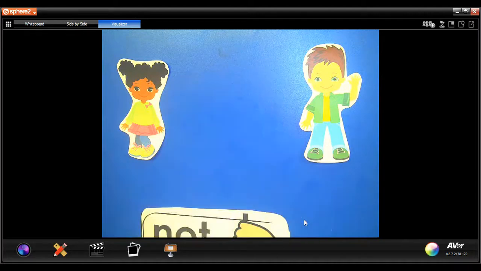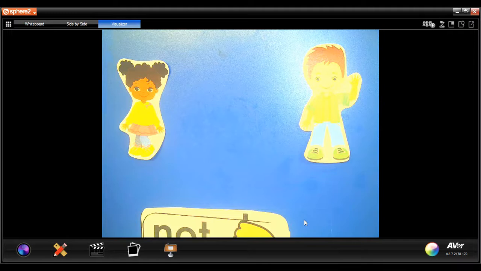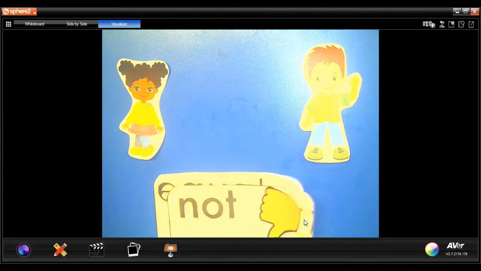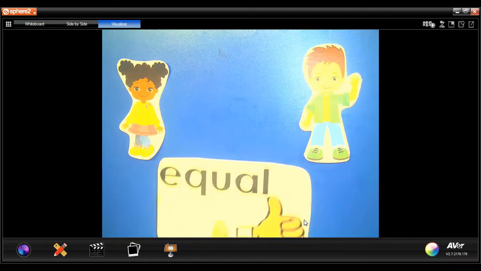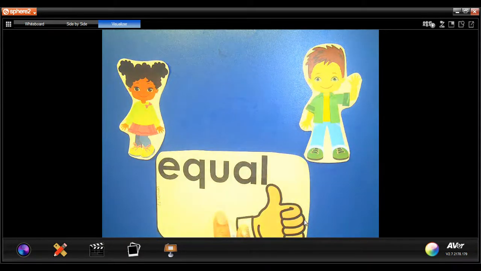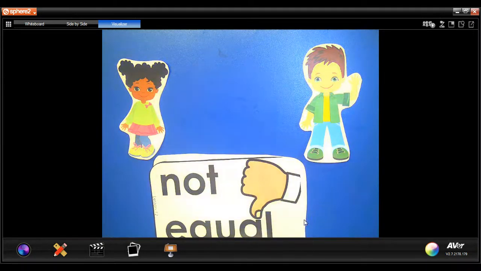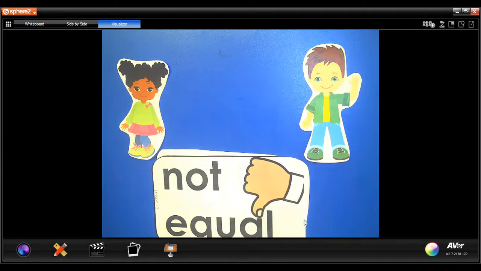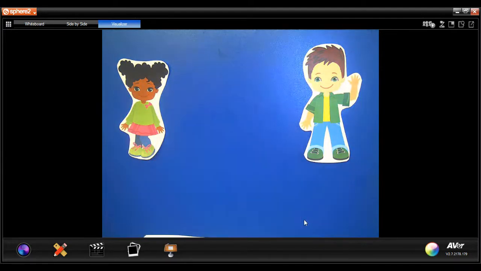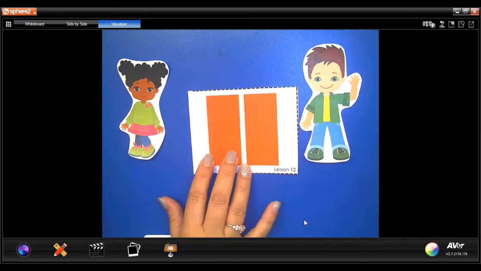So now I'm going to show you some shapes that I'm going to divide, and we're going to try to decide if it's equal. Everybody's happy because they get the same amount, or not equal. Somebody gets a big share and somebody gets a little share, and it's not fair. Okay, so look at this shape.